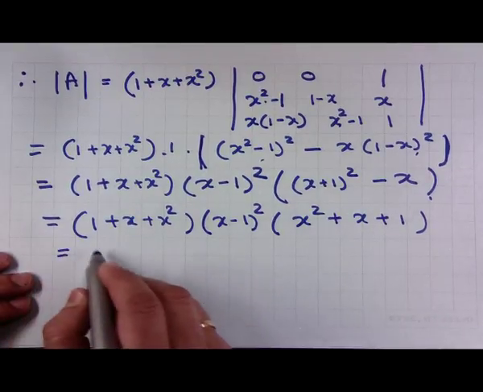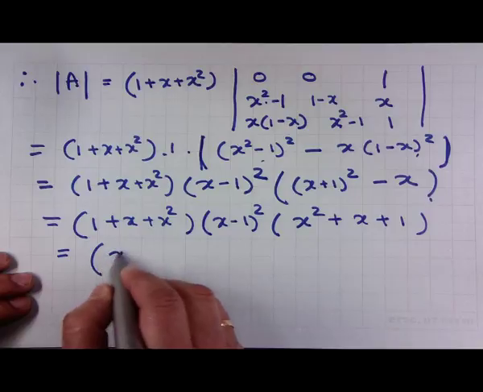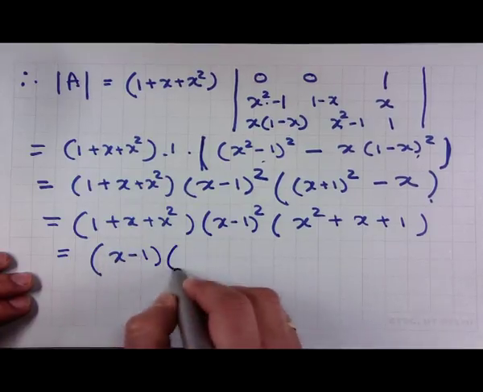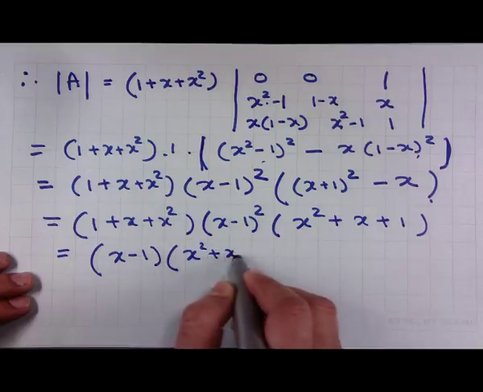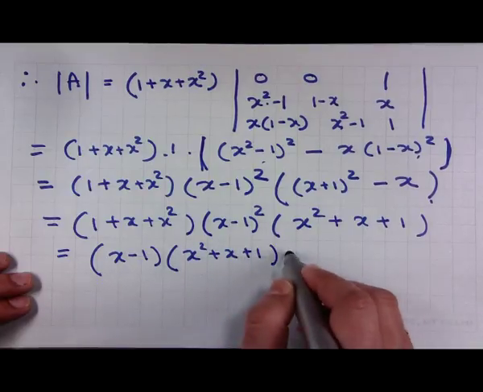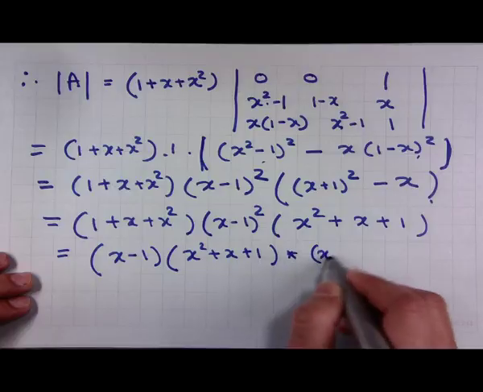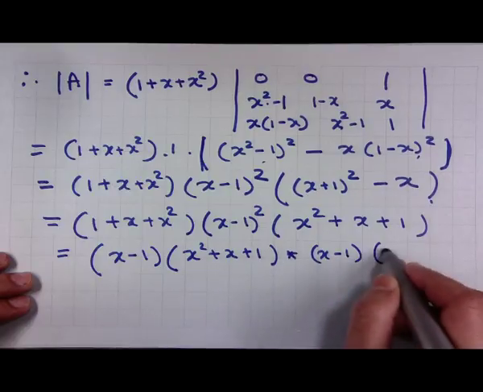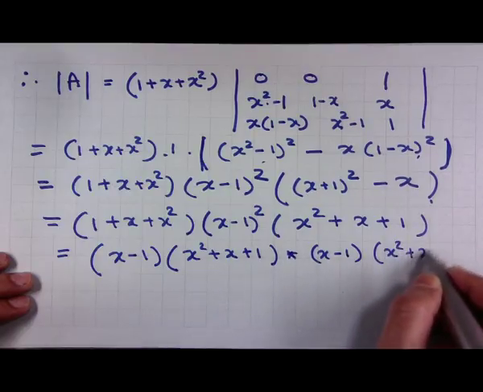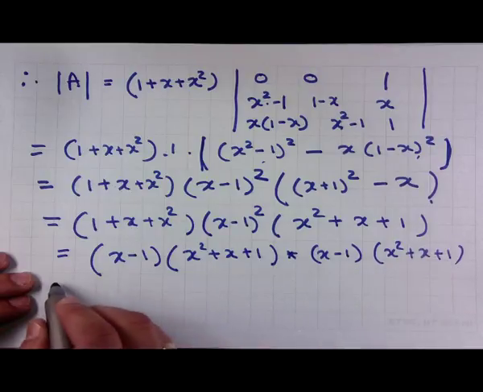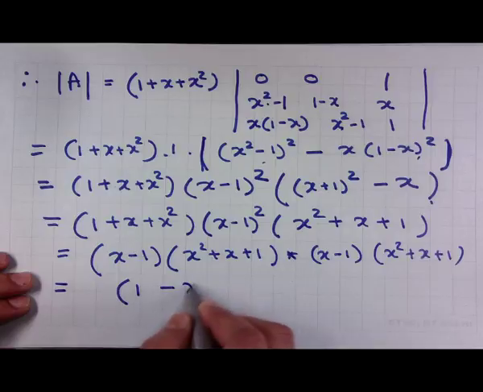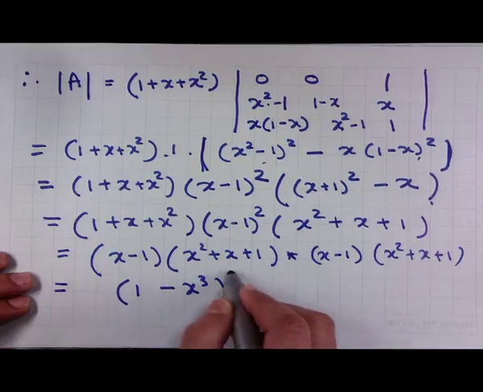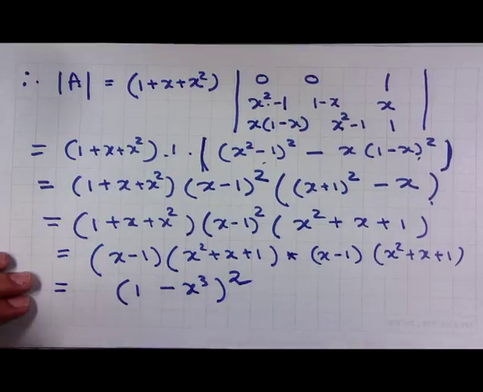This is equal to x minus 1 into x square plus x plus 1, into another x minus 1 into x square plus x plus 1, which is equal to 1 minus x cube whole square.